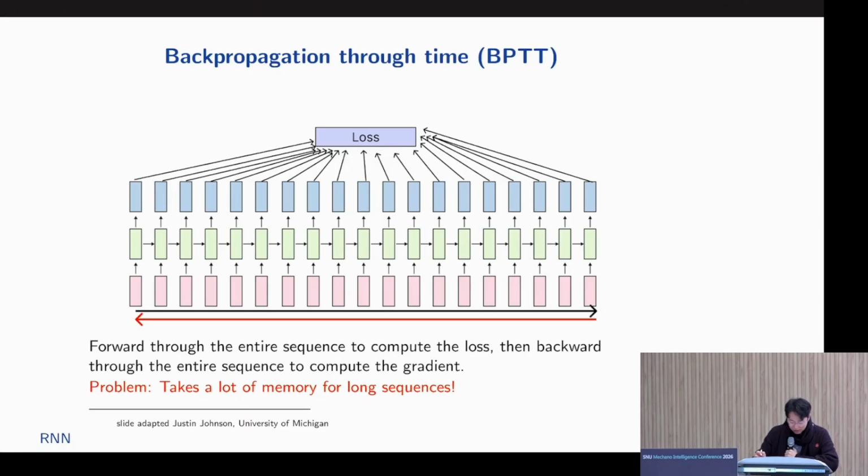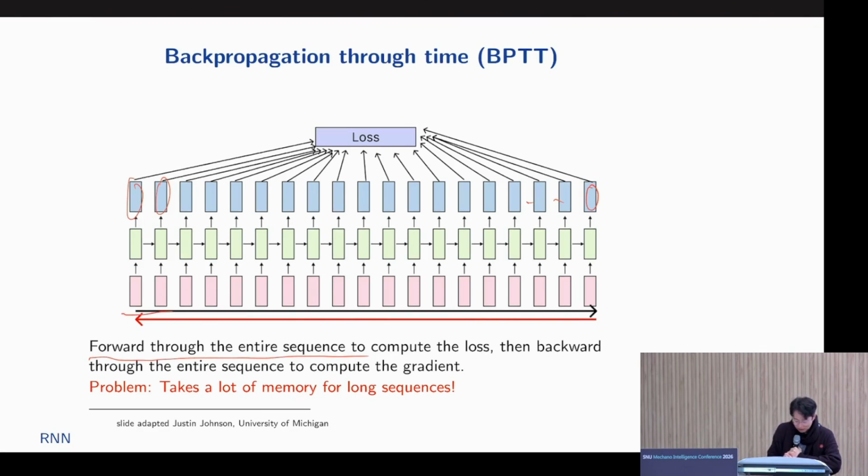Okay, so if you imagine the backprop of this computation graph, let's say you want to do many-to-many, and you have these individual losses all the way to the end, and some of the losses are going to be your final loss. So in order to backprop here, you first need to forward pass through the entire sequence until the end.